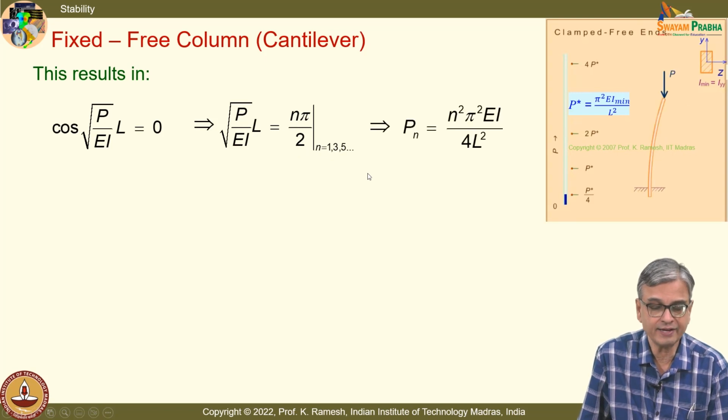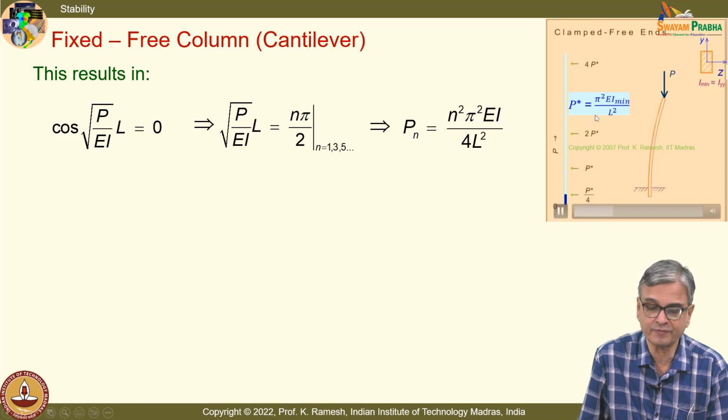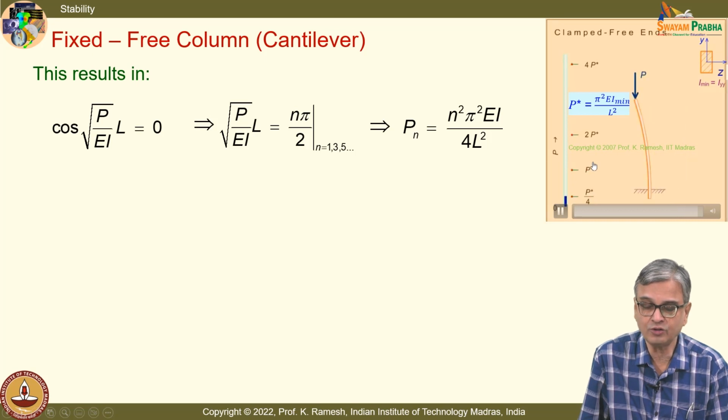And you have Pn given as n squared pi squared EI by 4L squared. And in this what we have done is we have taken the solution for a hinged connection as P star. Compared to P star, all the values for fixed free, fixed hinged, fixed fixed are indicated.